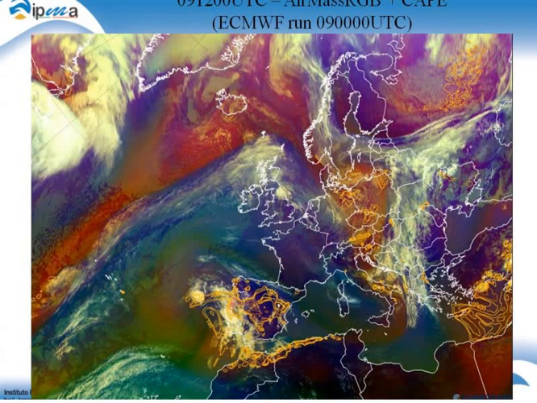So I want to show you a closer look at the low system over Iberia. This is from yesterday at 12. We have here several areas with some degree of instability.